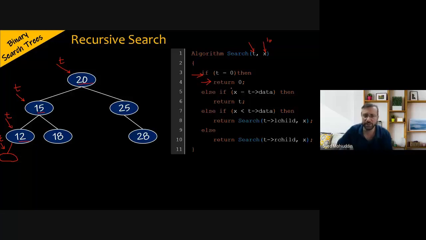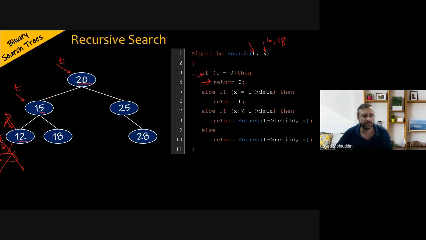Now similarly, if we try to search for an element, let's say 18, the search recursively starts from t. We check if 18 is equal to 20. It's not, so we move to the left child.